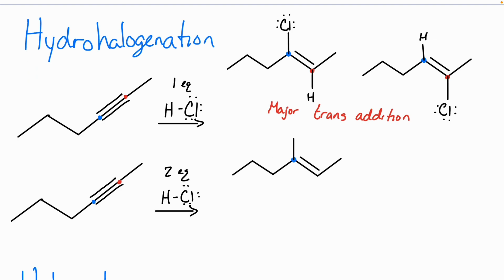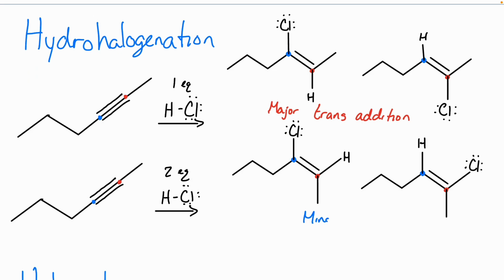Oops. Where the chlorine and the hydrogen are added to the same side. All right, so if I perform this reaction with this particular alkyne, I'd get a mixture of these 4 products. 2 of them would be present in a larger concentration, what we would call the major product.